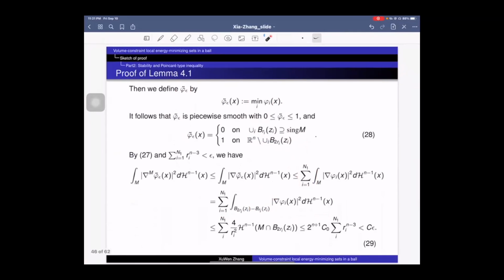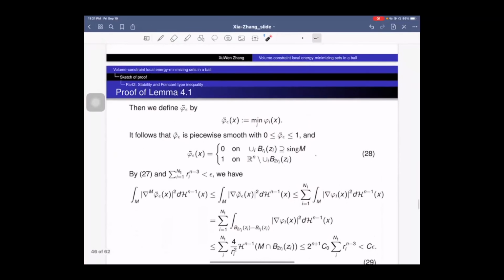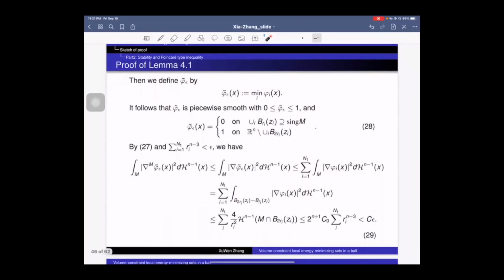And finally, since gradient phi I is bounded by 2 over Ri, and the Hausdorff measure of this set has an upper bound, the L2 norm of the tangential gradient of phi tilde epsilon is bounded by some constant times epsilon.